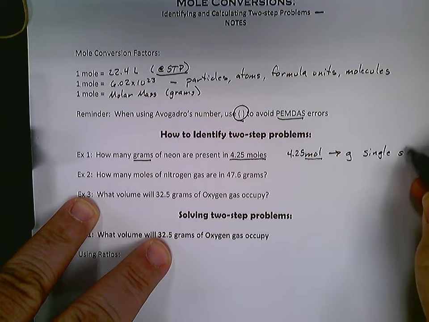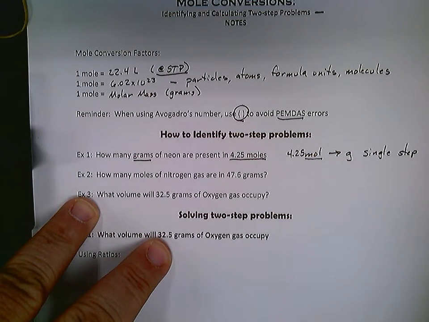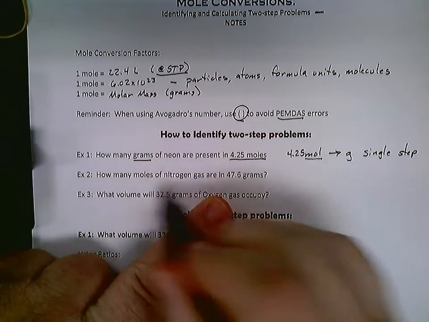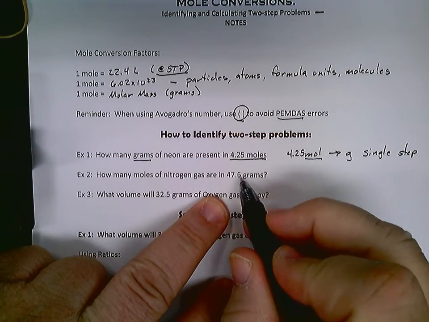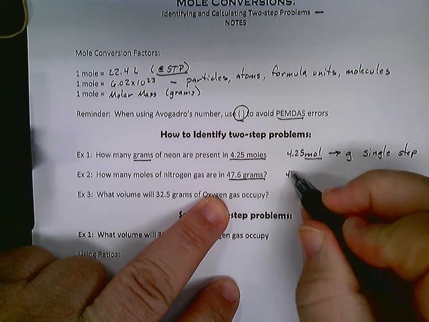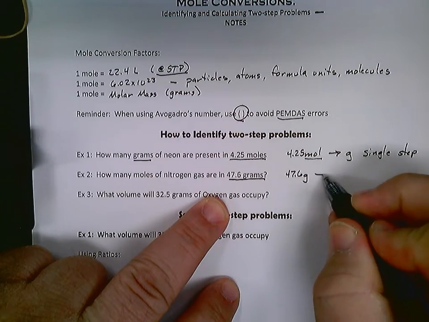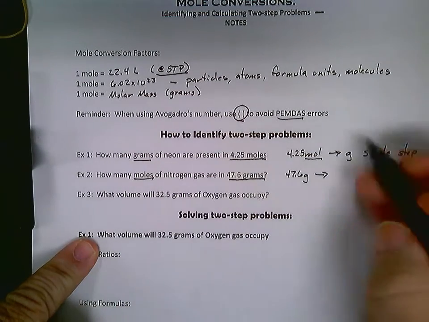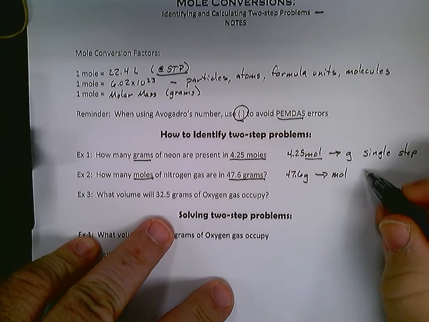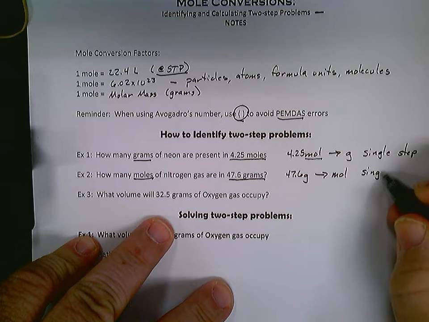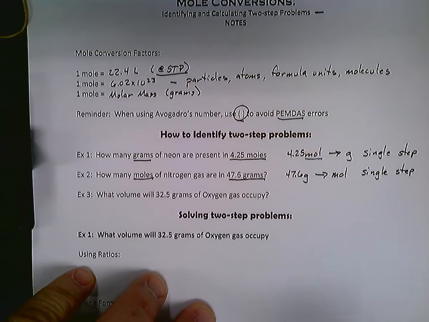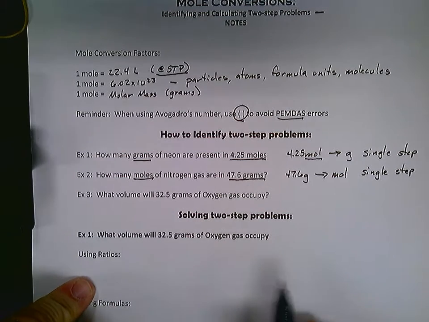All right, and going backwards, in example 2, you're given 47.6 grams, and we want moles. How many moles is that? Once again, this is a single step conversion. The only thing we'd have to figure out is, of course, the molar mass of the compound.